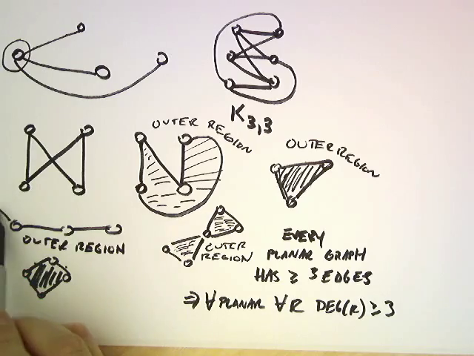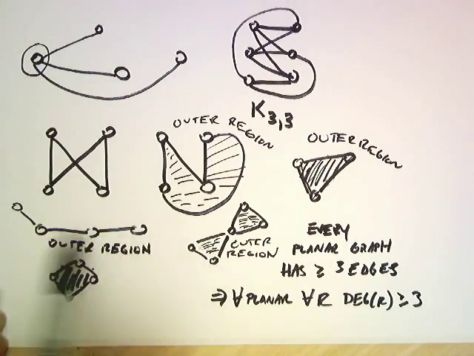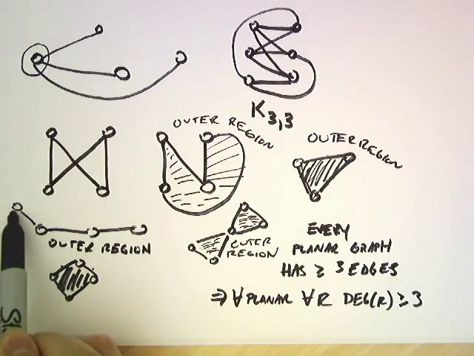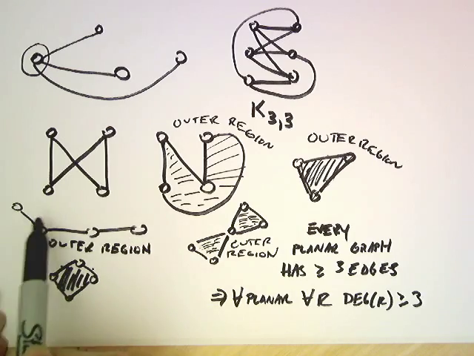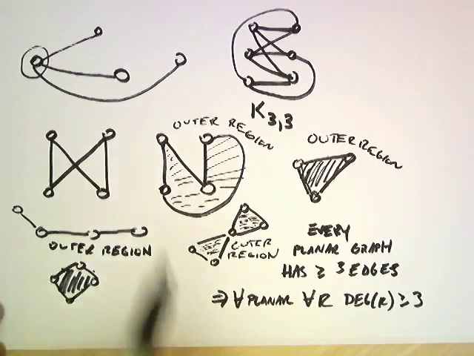Sorry, in this simple graph that has 3 edges, there's only one region, the outer region, and it has degree 3, because there are 3 edges bordering the outer region.